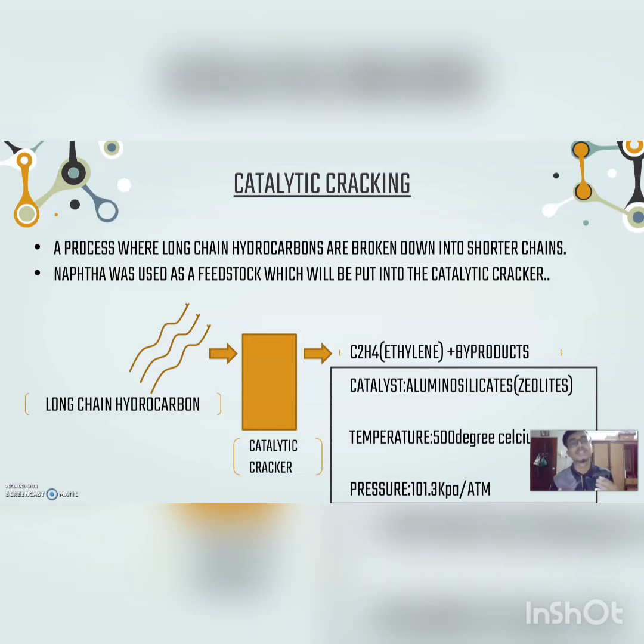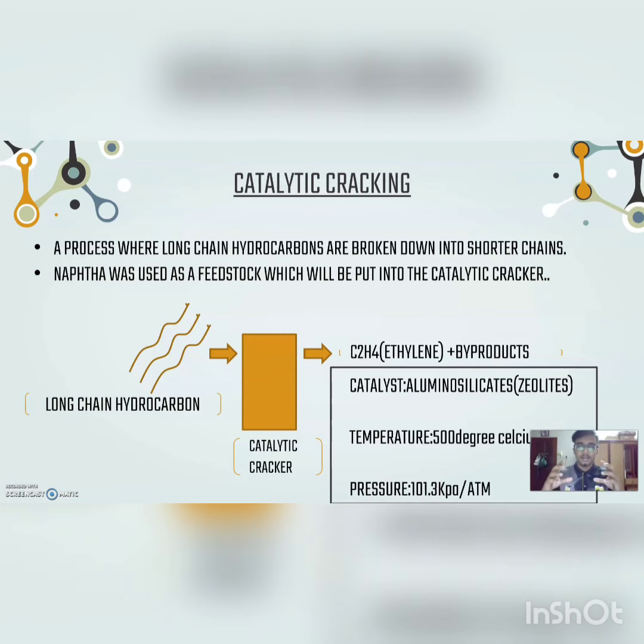Thus, the long chain hydrocarbons will get attached to the zeolite, and it will break down the carbon to carbon bonds in the long chain hydrocarbon and produce the product we need, which is ethylene. There will also be byproducts such as hydrogen or methane, depending on what type of long chain hydrocarbons we are inserting.